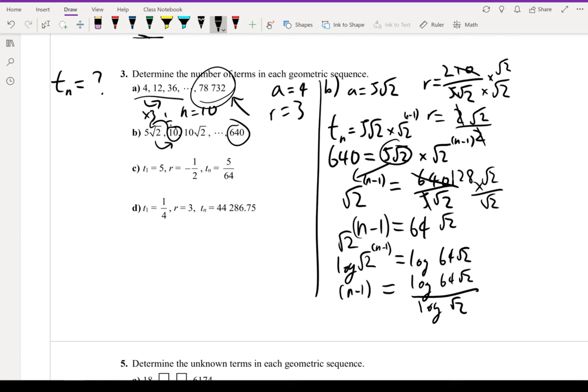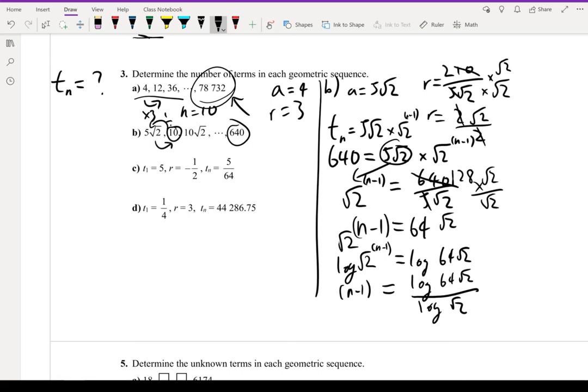Hopefully I'll be able to do this because I'm just using my phone, which is not very great for finding logarithms. Let's see. 64, okay, how do I do this? Square root 2, where's square root on this?